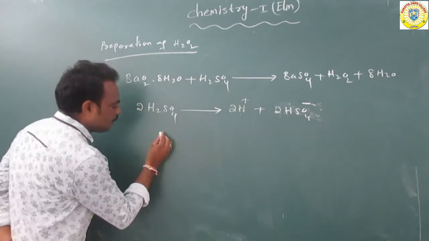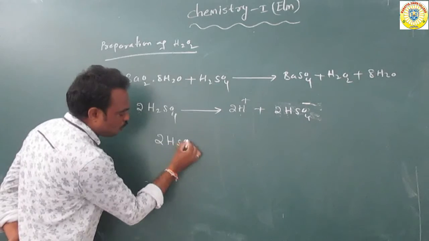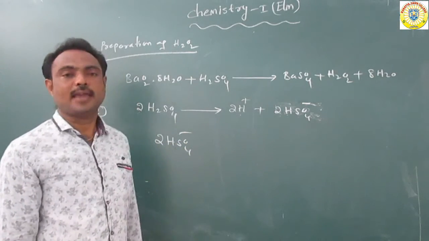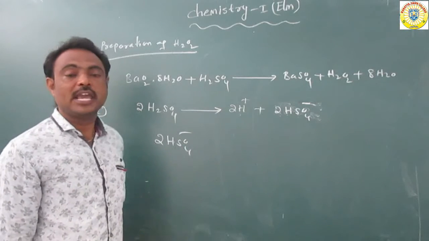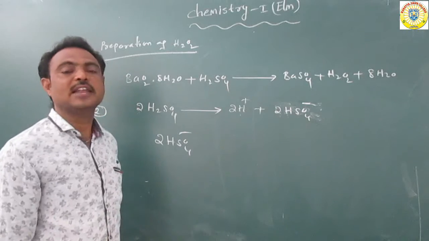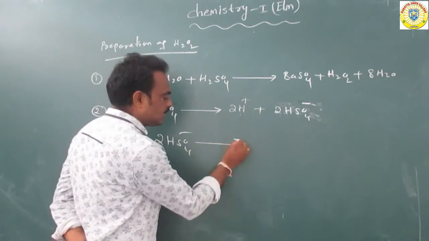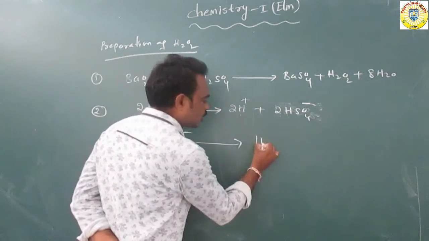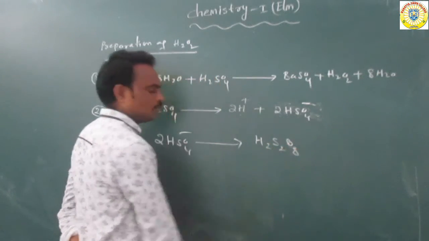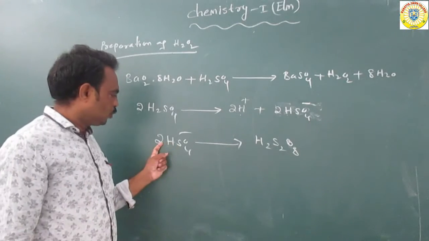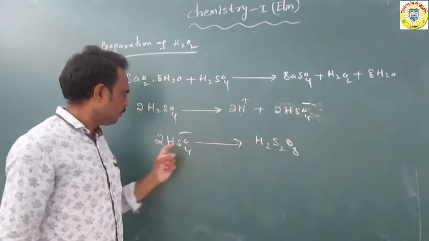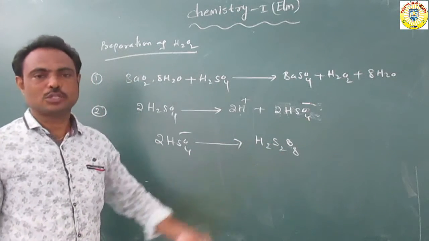Suppose, for example, the 2HSO4- ion, the hydrogen sulfate ion, gives H2S2O8, that is H2, 2S and 8 oxygens.